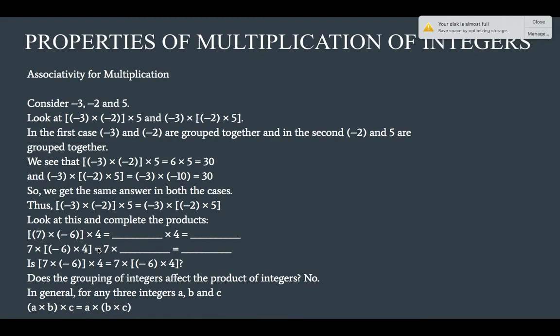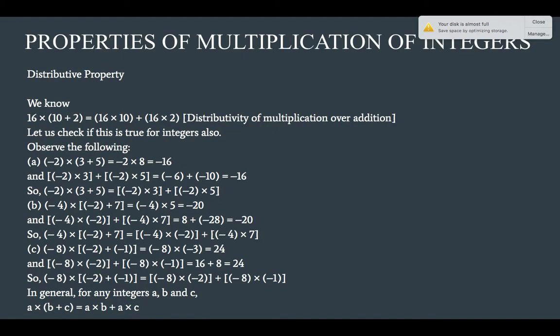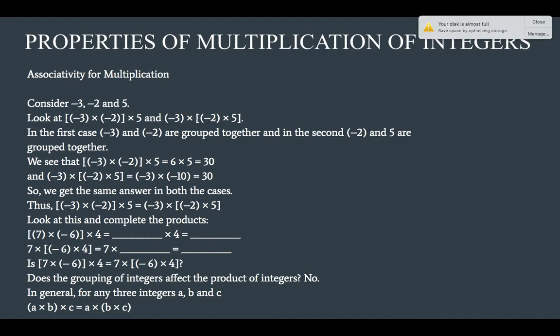After doing these examples, we observe that integers are associative under multiplication, and in general we can say that a into b bracket into c is equal to a into bracket b into c.